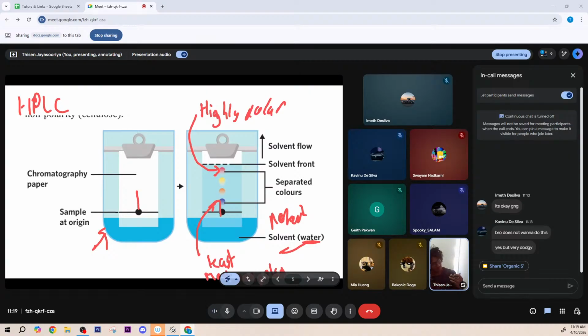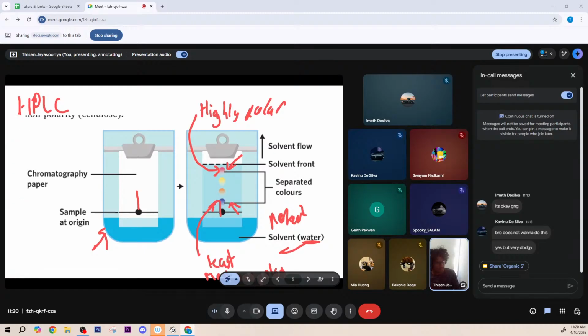Imagine if we had red and blue again, and we had a polar solvent. Red would move through the high performance liquid chromatography faster than blue would, because it adheres more to the stationary phase.